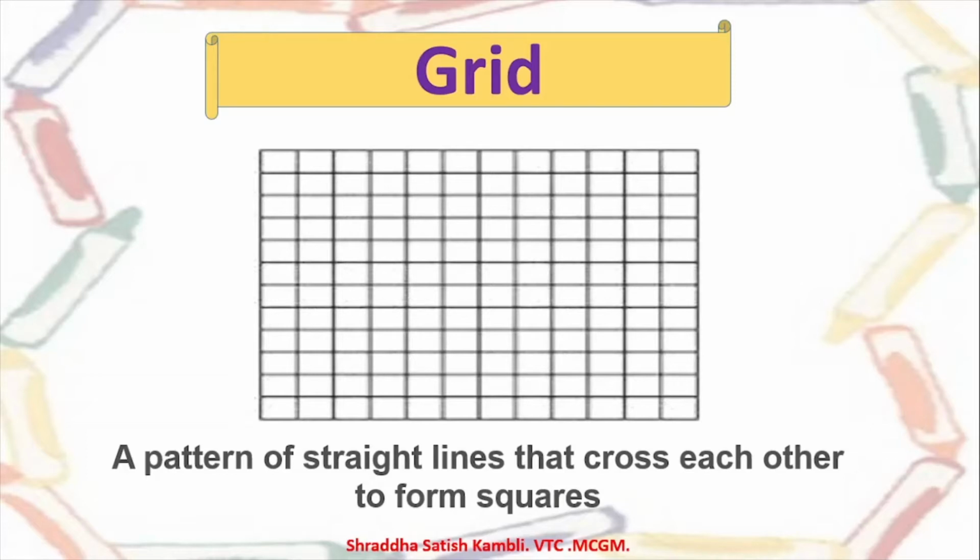How are these portions created? These portions are created because of the straight lines that cross each other to form squares. So in short, what is a grid? A grid is a pattern of straight lines that cross each other to form squares.